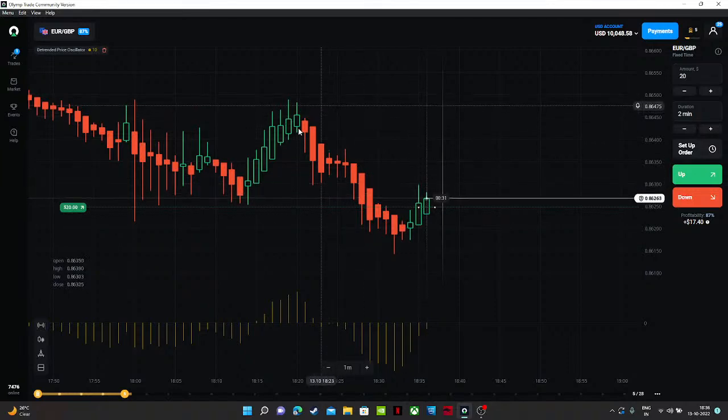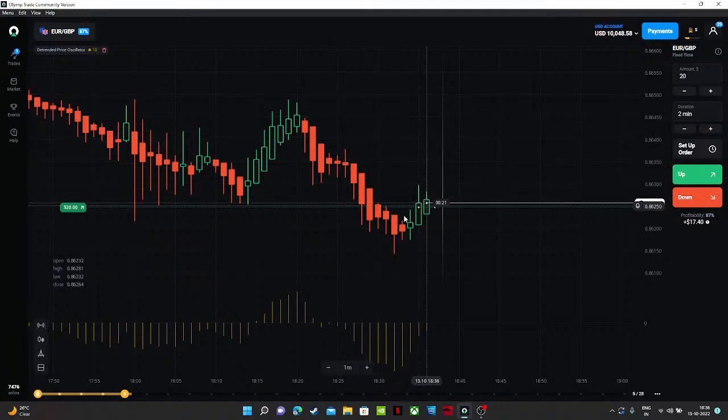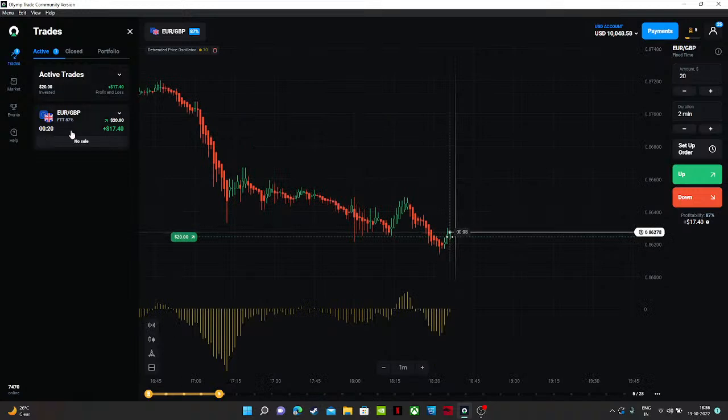For example, here it was a series of green candles, then a red candle appeared. If it is followed by another red candle, then it is a confirmation of a downside trade. Similarly, the candle changed its color here, a green candle appeared and another green candle appeared, followed by the previous green candle. So it is a signal for an upside trade. I have entered into a $20 trade here, and right now we are winning the trade.